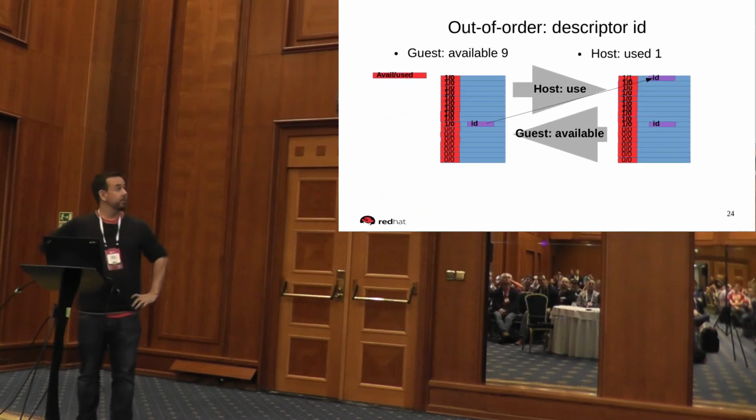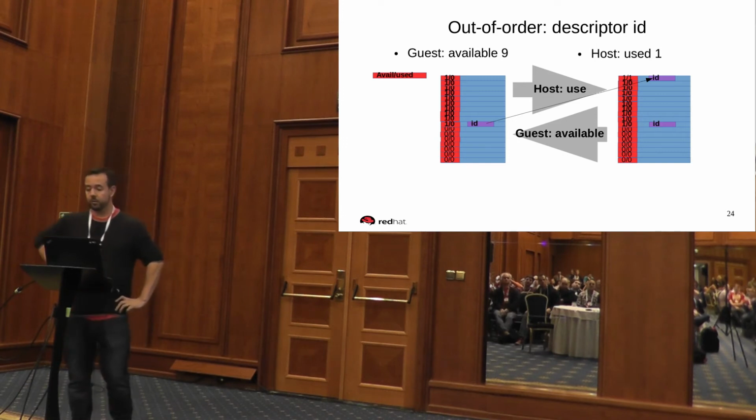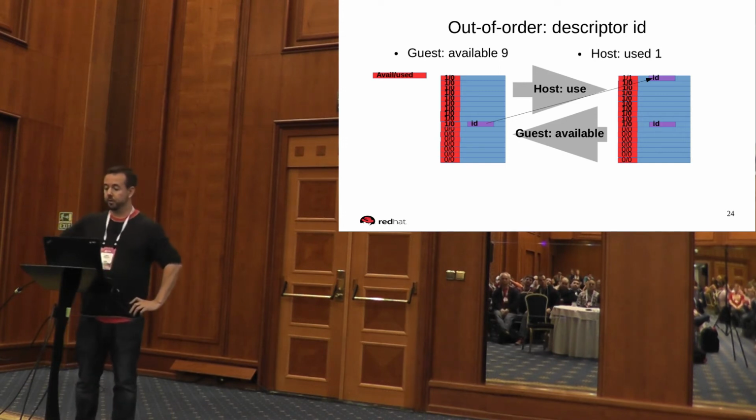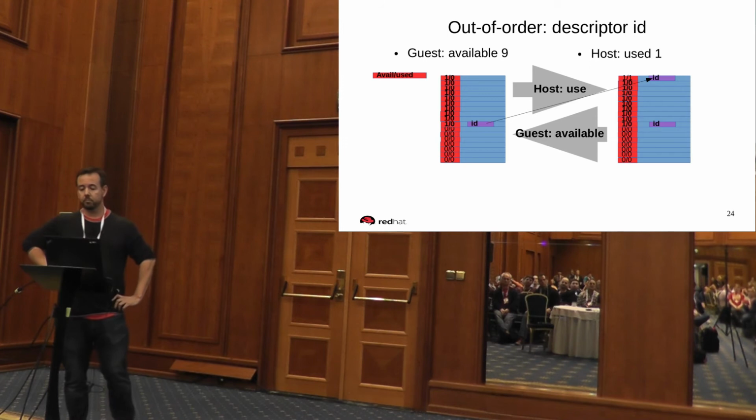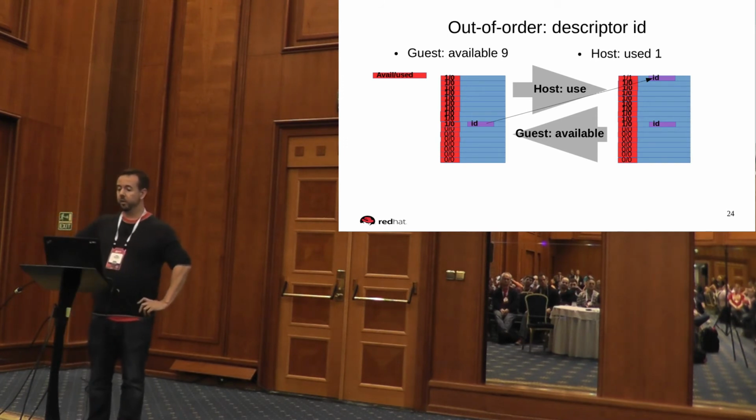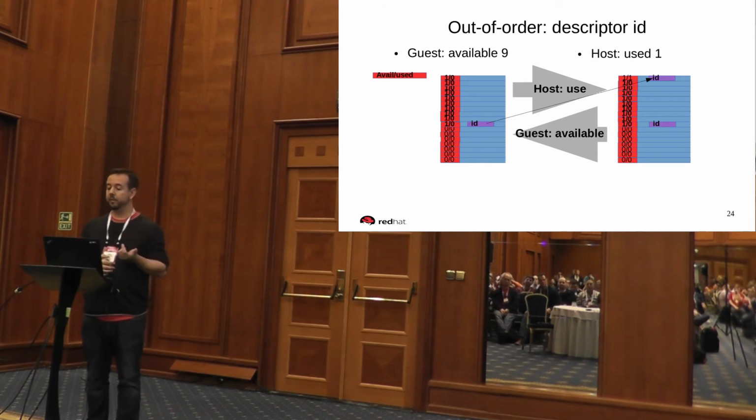The requests don't have to be used in order. The host can do it out of order. So this is an example where the guest made 9 entries available, and then it's starting out by using the 9th entry. Originally, both available and used flags are 0 initialized.